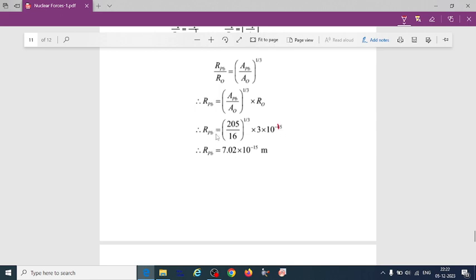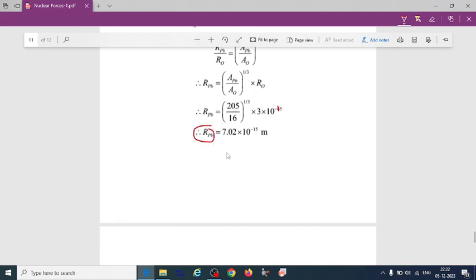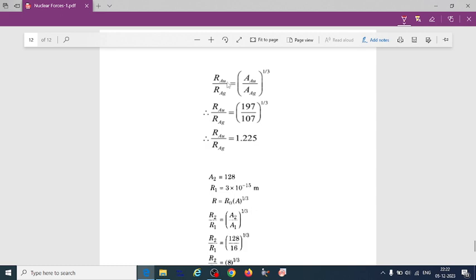Then you can calculate the radius of lead. Another example: the ratio of the radii of gold and silver you have to calculate. Substitute the mass numbers, then you can calculate the ratio of this.